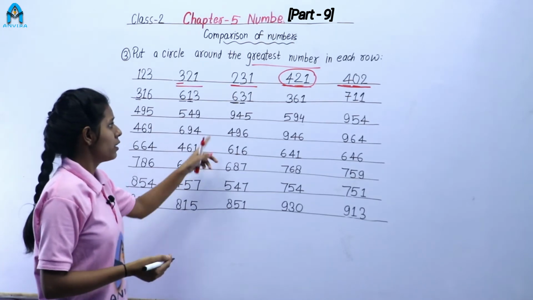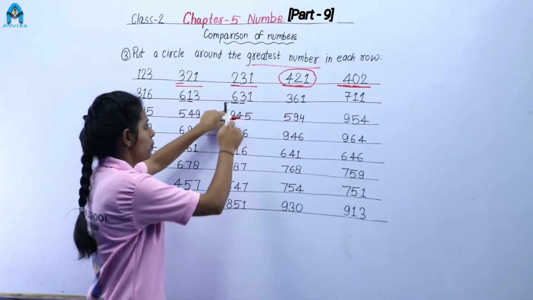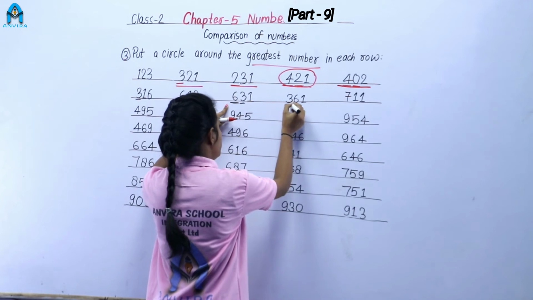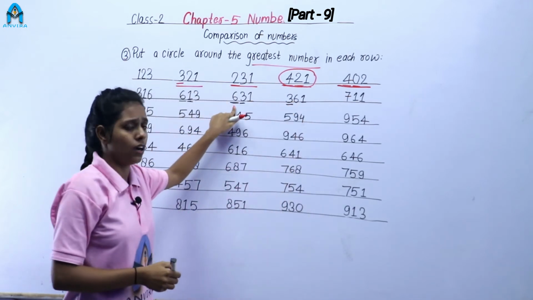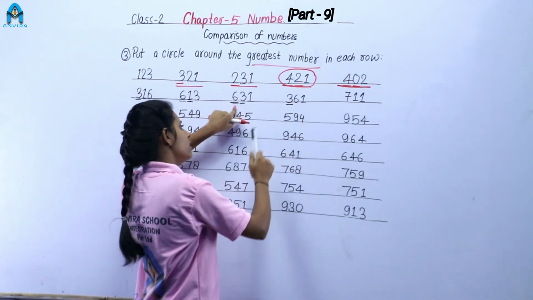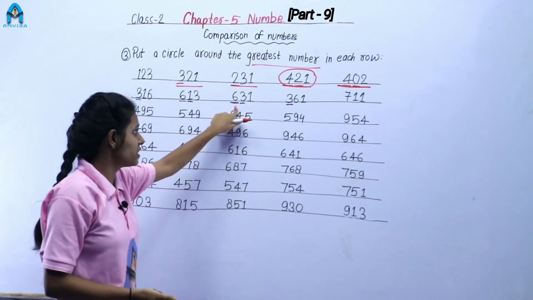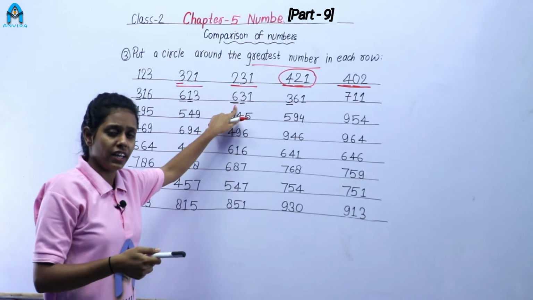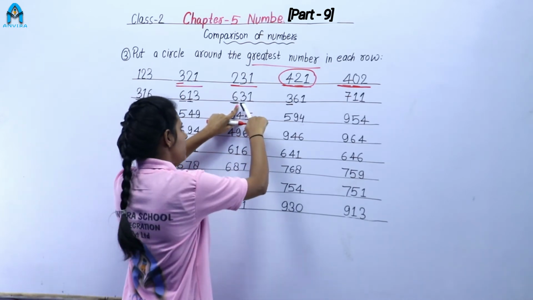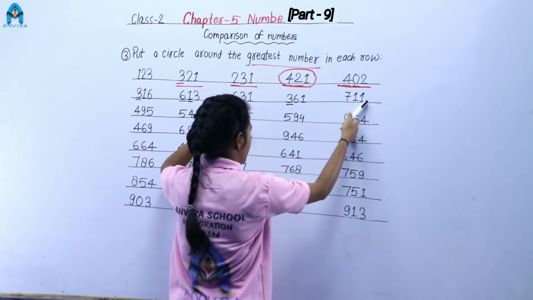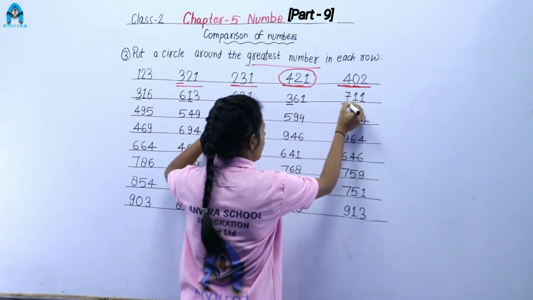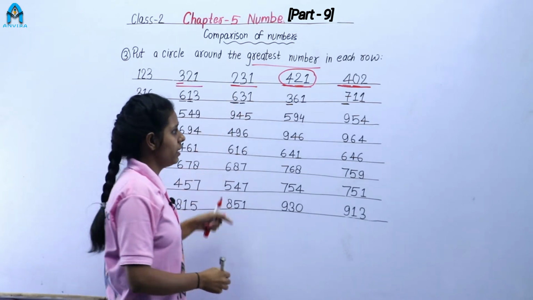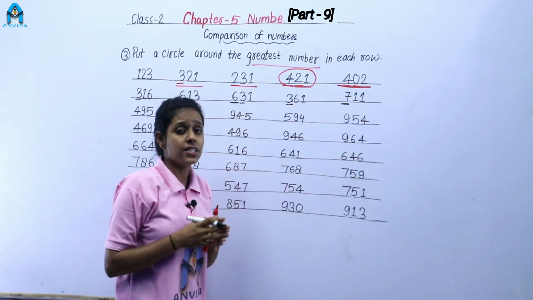So, now compare the numbers with this number. Here is number 3, 600 and 300. Which is greatest? Yes, 600 is greatest. Now, compare this number and this number. On hundreds place, this is 600 and this is 700.